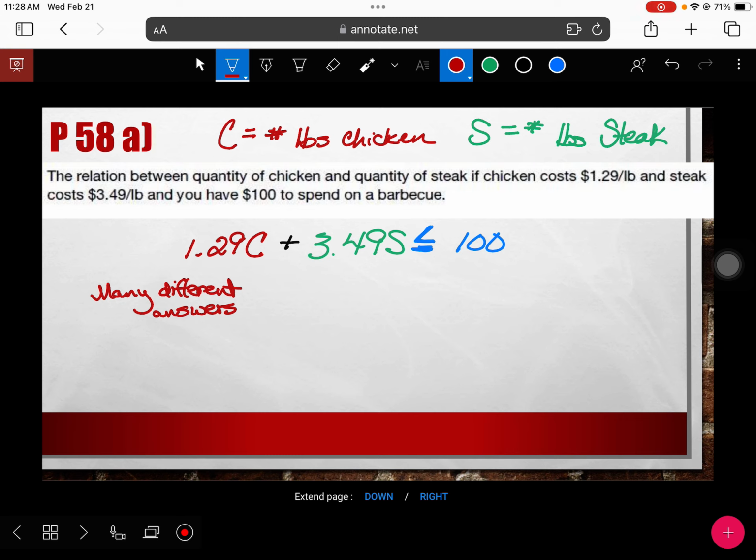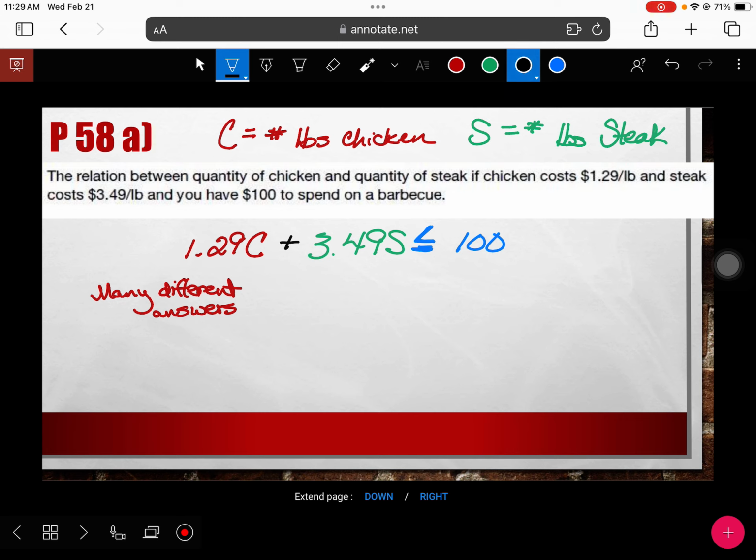And if it's 1 pound, then I'm going to have a specific answer for the amount of steak that I can buy. If I let my chicken be 2 pounds, that's going to change the amount of steak I can buy. If I get 3 or 3.5 or 4 or 8, okay, that's going to be many, many different answers.